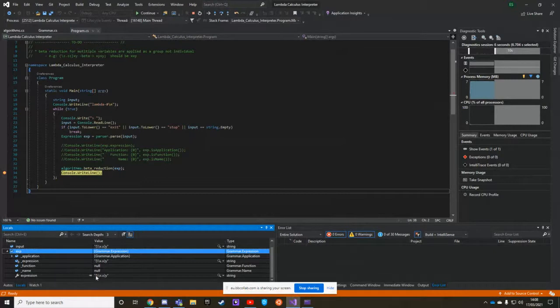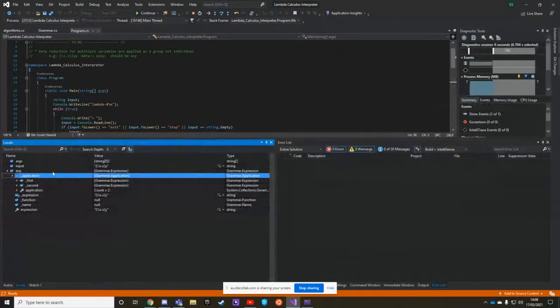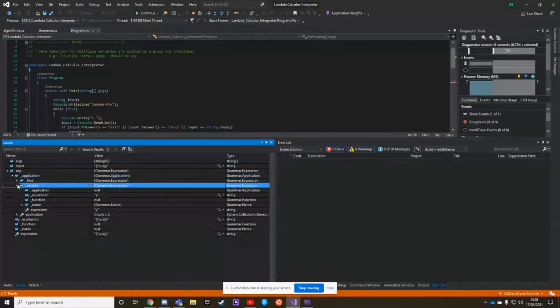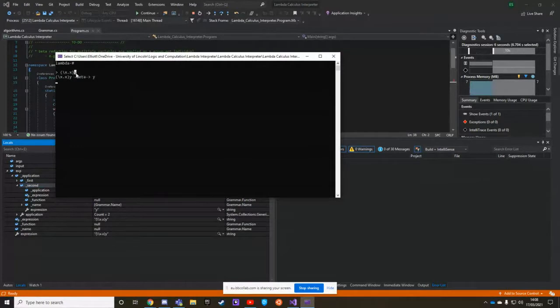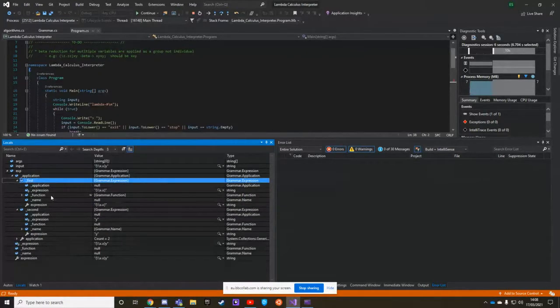The getter is the string version of it, but inside the actual variable, it has an expression which is split into an application of first and second, two expressions. The second one is just the name Y, which is the second half of the term. And the first one is the function.